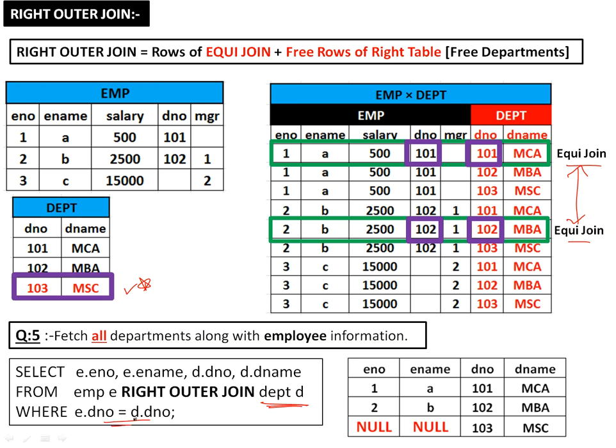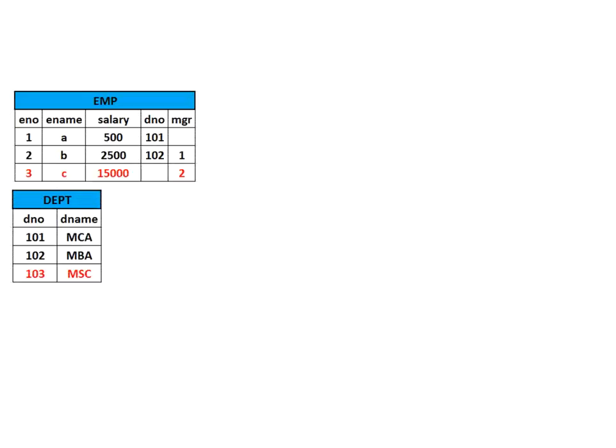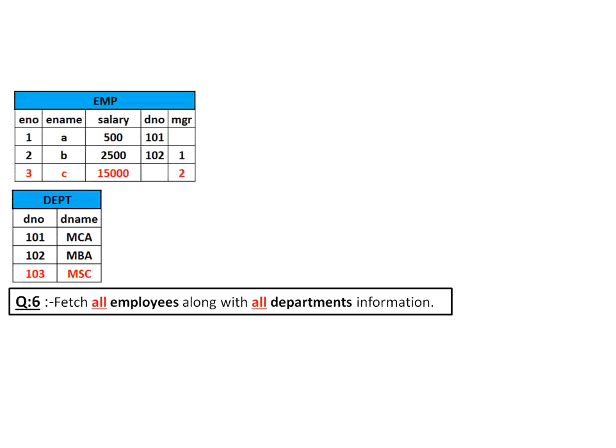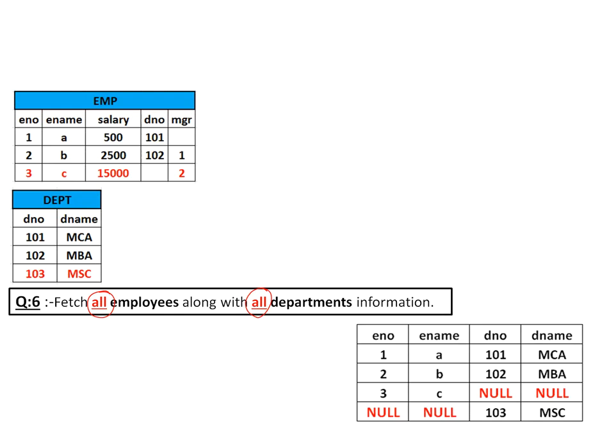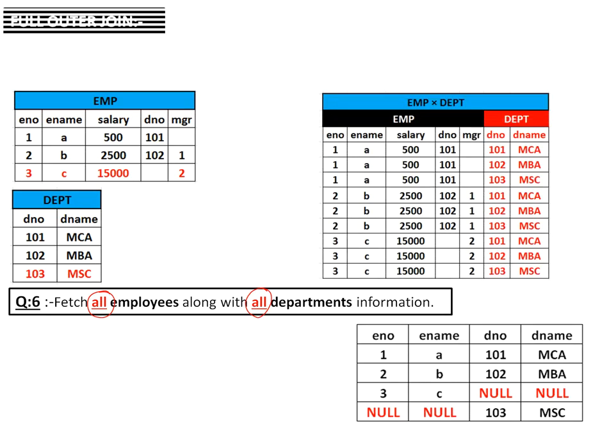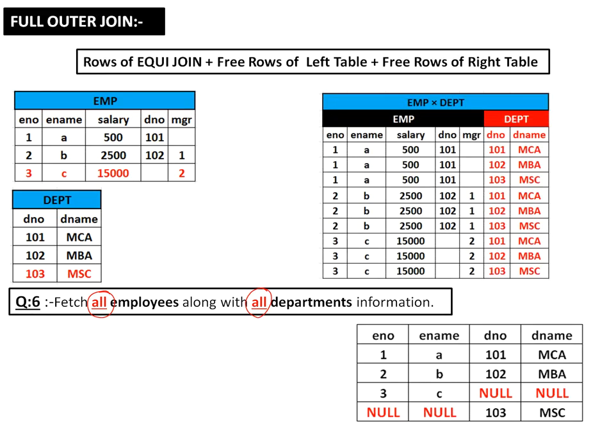Next time, if I want both, fetch all employees along with all department information. In such a case, I have to go for full outer join, guys. Full outer join is rows of equijoin plus free rows of the left table plus free rows of the right table.